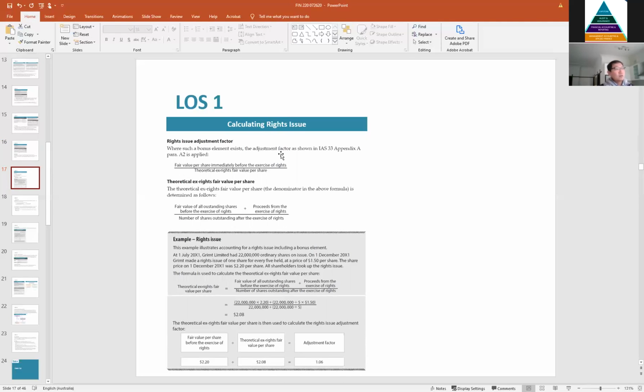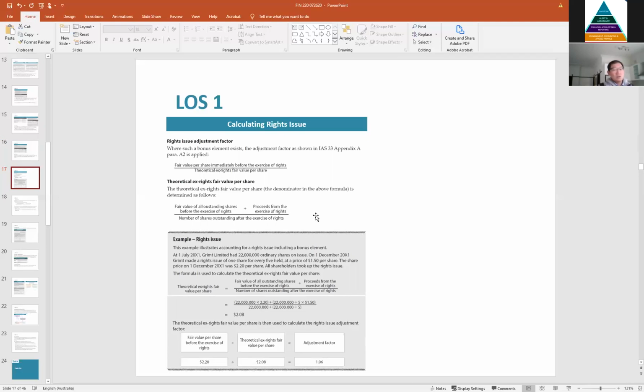This number, which is our denominator, we calculate using a formula: we need to think about the fair value of all outstanding shares before the exercise of rights plus the proceeds from the exercise of rights.